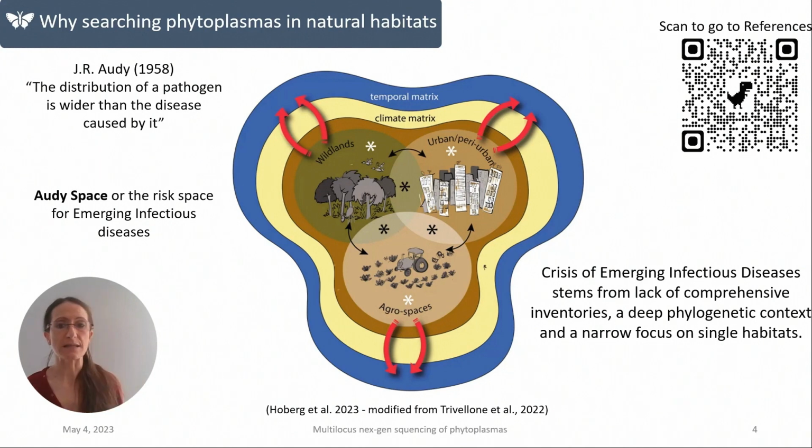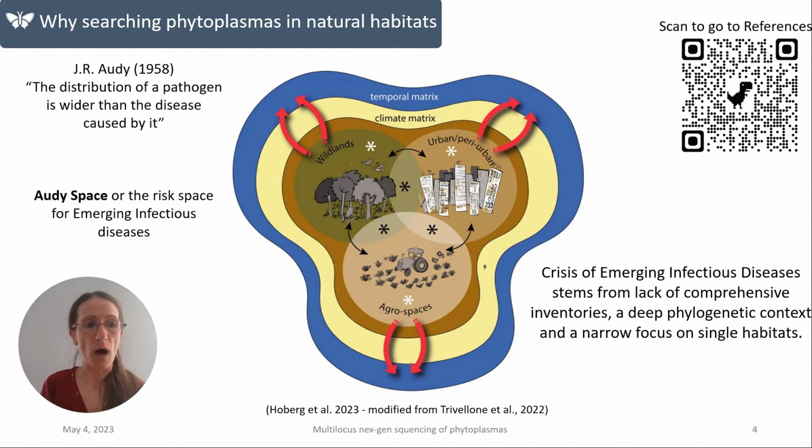We provided this scheme, named after Audy, representing the operational dimensions to assess the risk of emerging infectious diseases. We can use it to have a much better idea about the distribution of pathogens and diseases across the biosphere. This Audy space looks at the complex ecological arena and how interfaces are involved in pathogen distribution and circulation.